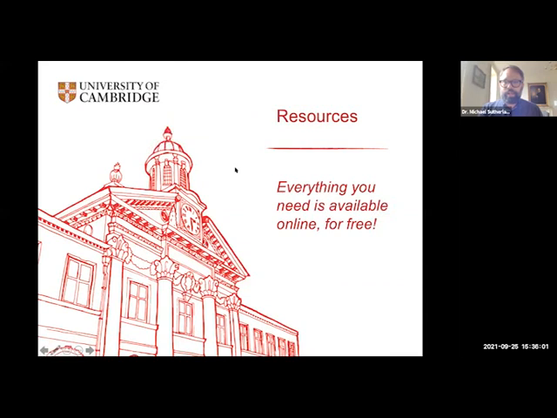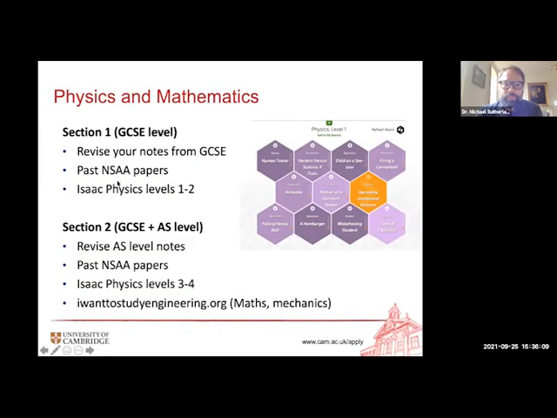Okay, so I just want to finish off by telling you a little bit about resources that you might be able to use in your NSAA preparation. So some of you may have heard of this online resource called Isaac Physics. That URL is just isaacphysics.org. This is a website designed and created by a member of Corpus Christi College.